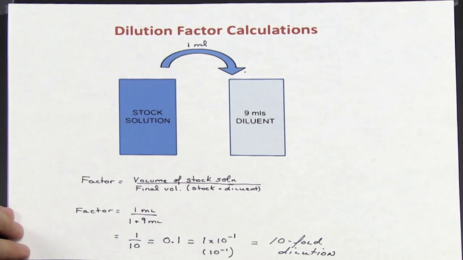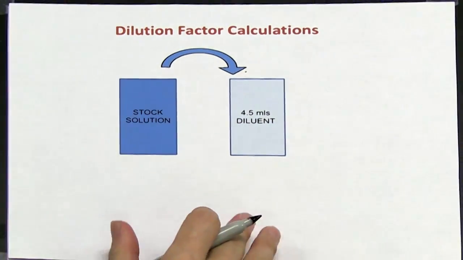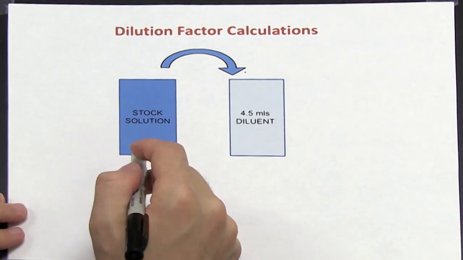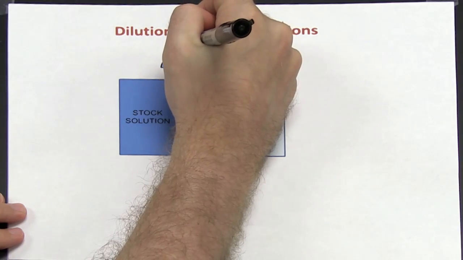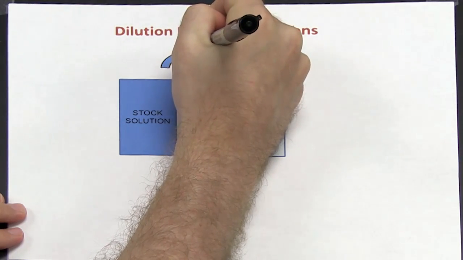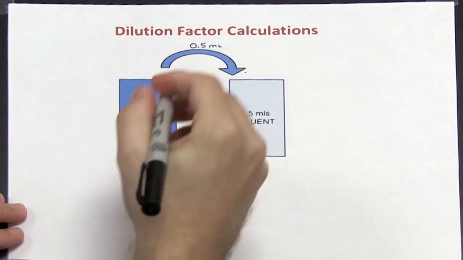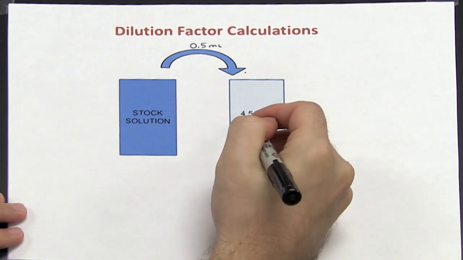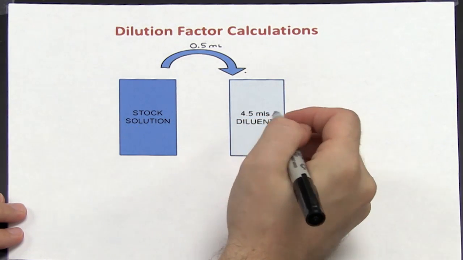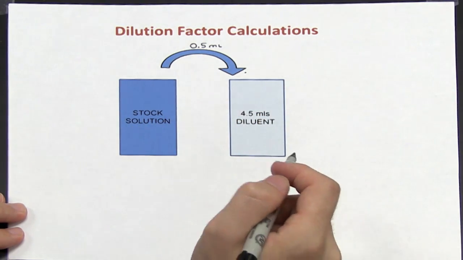Let's try a second dilution problem. So here I have a stock solution again, and let's say this time I want to take out 0.5 mLs of stock solution and add it to 4.5 mLs of diluent.